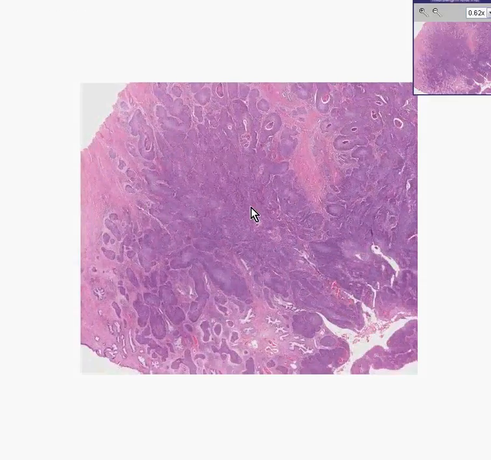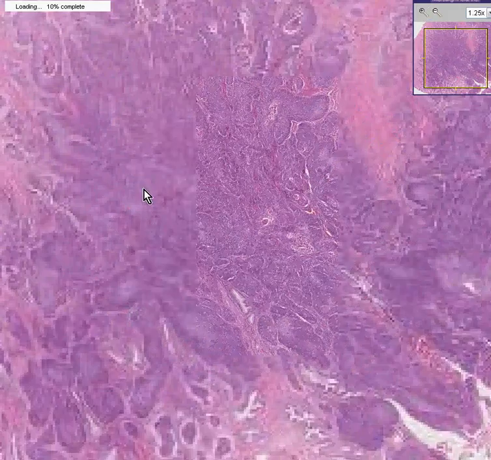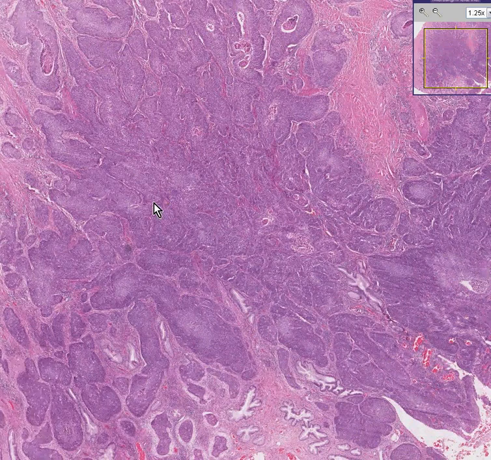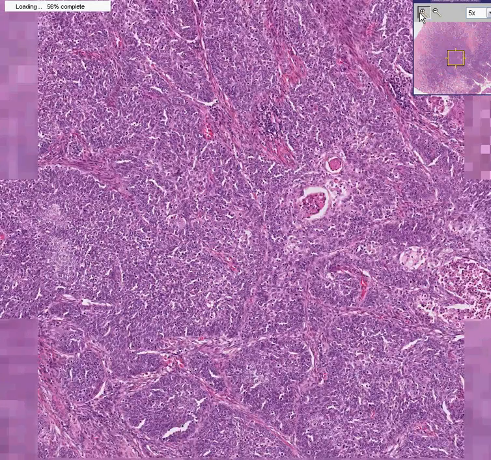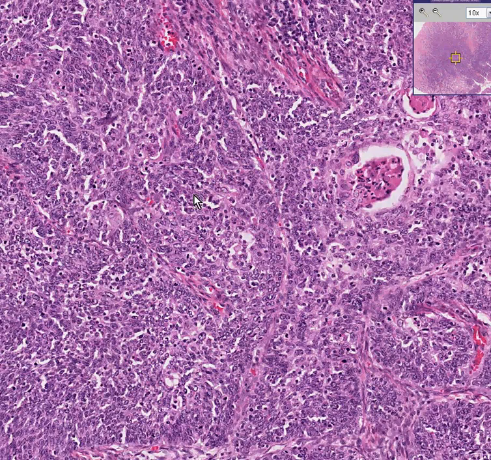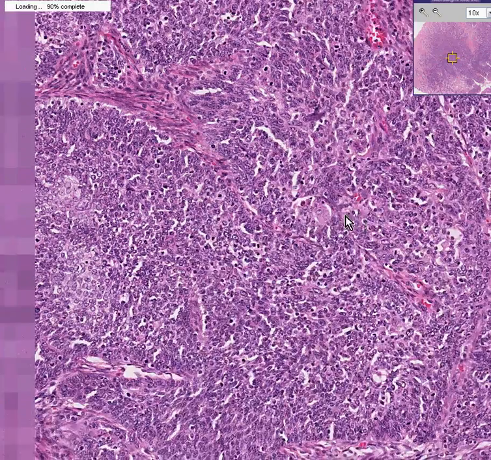And you know that because when you go to a section through the large tumor, you can see all of these blue areas here are infiltrating nests of squamous cells. And let's zoom in on this very quickly. Notice they don't look too much like squamous cells at all, do they?